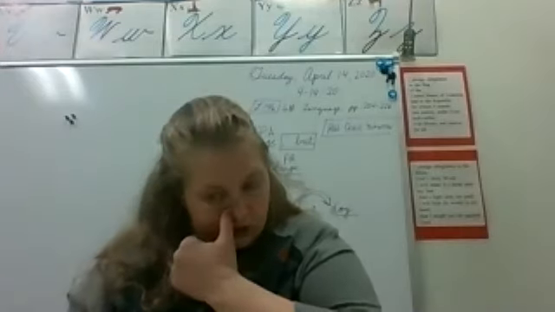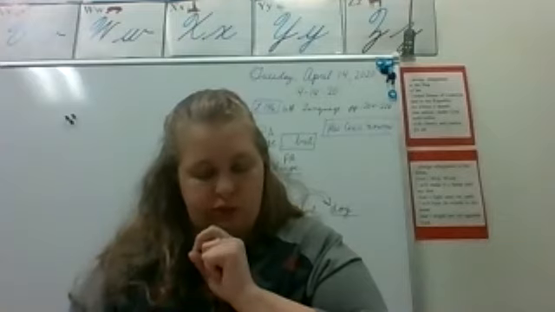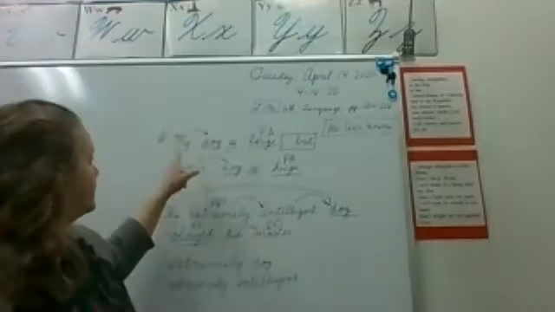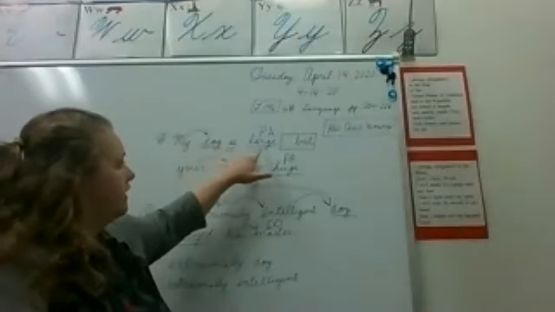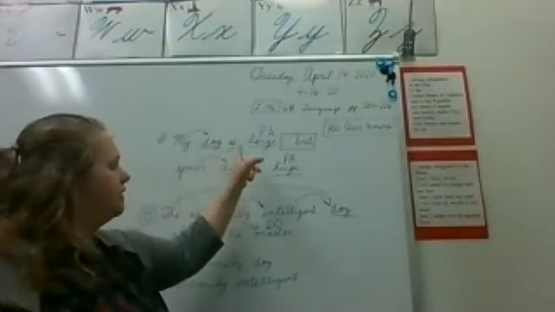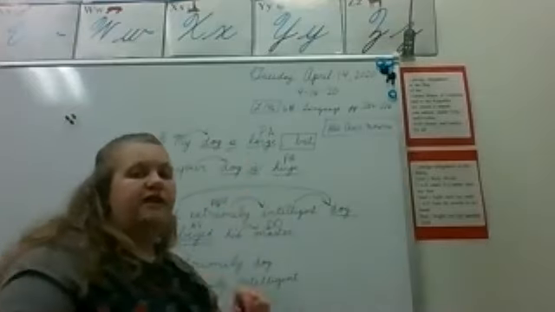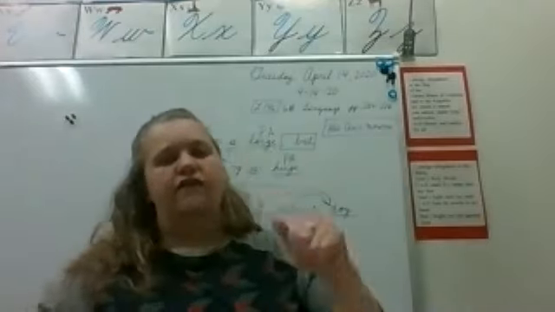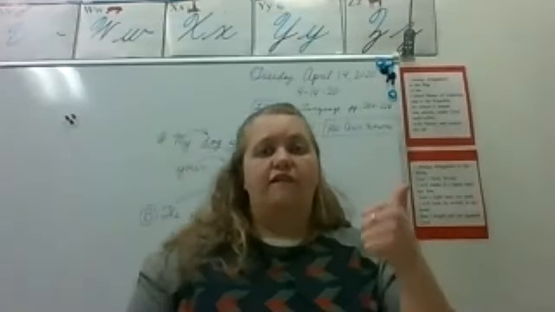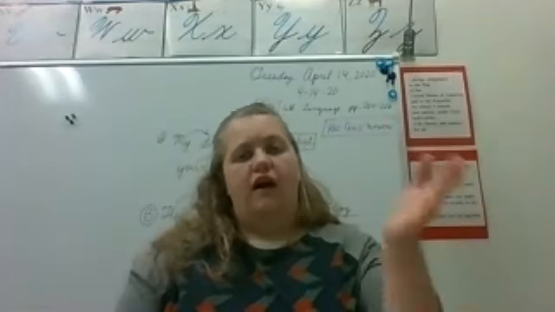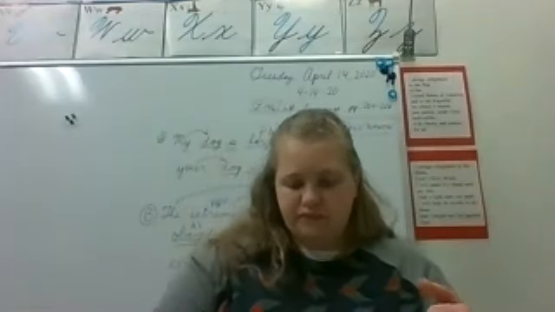Predicate adjectives should also sound right when you try the word very in front of it, okay? Like here we could say my dog is very large, and that would help you know that it's a predicate adjective. Or very huge, because very is an adverb, so it's got to describe a verb, an adjective, or an adverb, and it usually describes the word right in front of it.